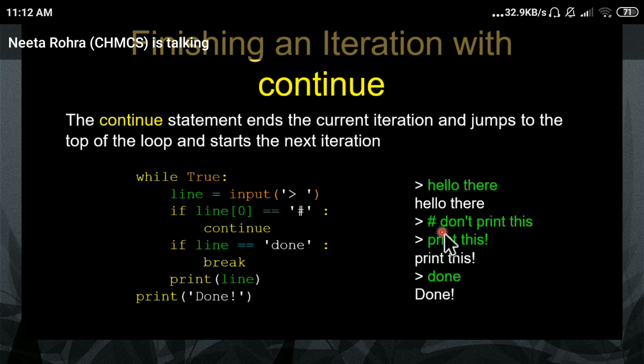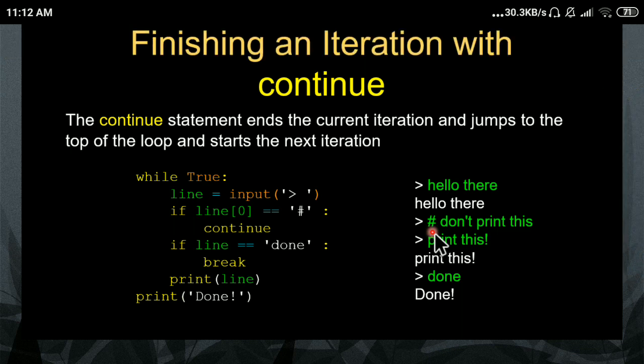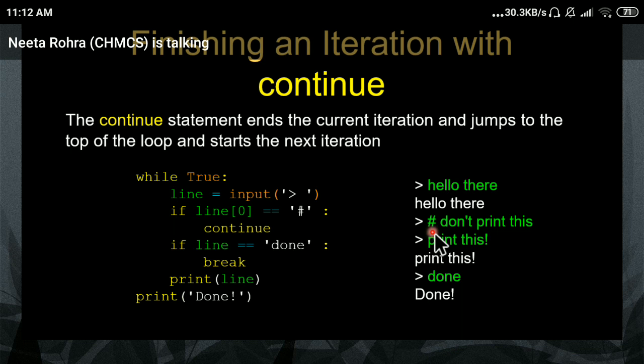So comments are being read in the input. The line stores the contents, but then it is not performing any action because the first character is hash. This is what the Python interpreter does. The moment it encounters the first character as hash, it has to skip the line.